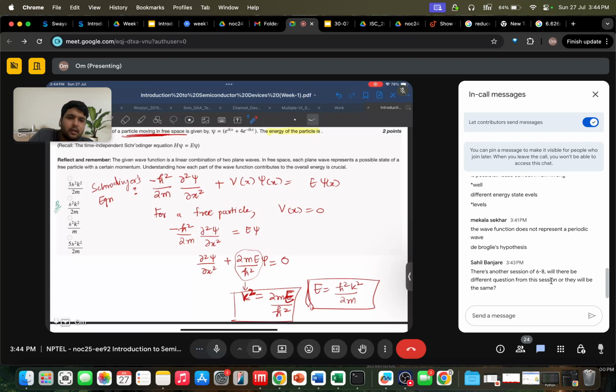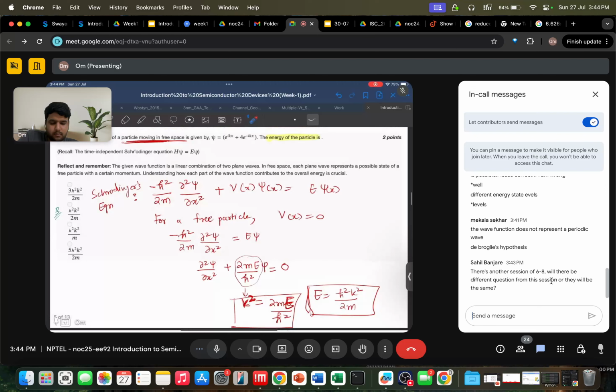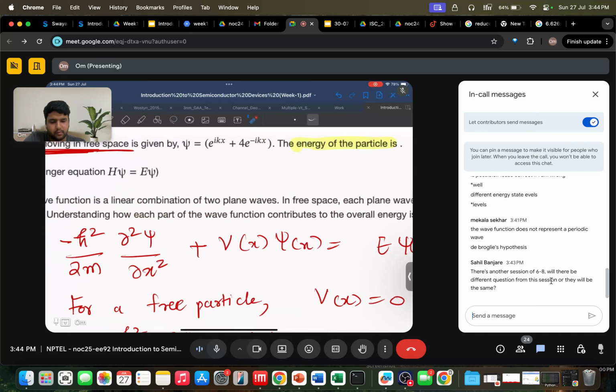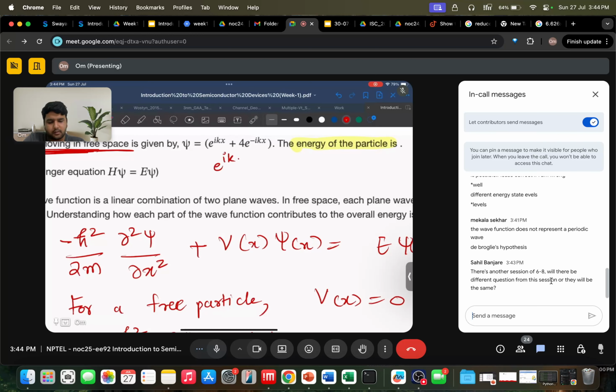I am not able to understand your question. The wave function does not represent a periodic wave. I think it is periodic in terms of x. What is e to the power i kx? It is cos kx plus i sin kx, right?